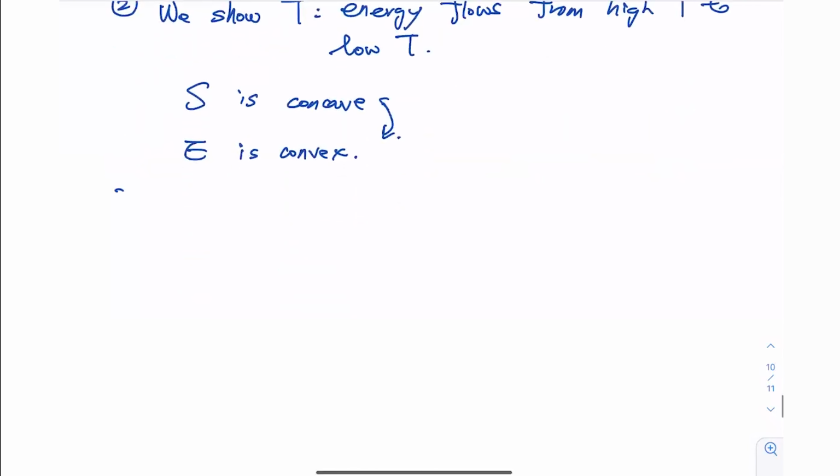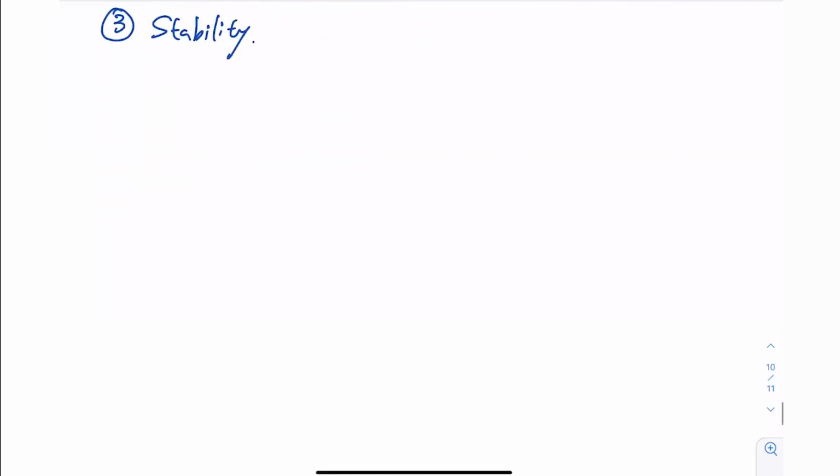So the third thing is about the stability. The stability is basically an issue that we did not really discuss till now. The idea is that some quantity must satisfy some restriction in order to have a stable phase.